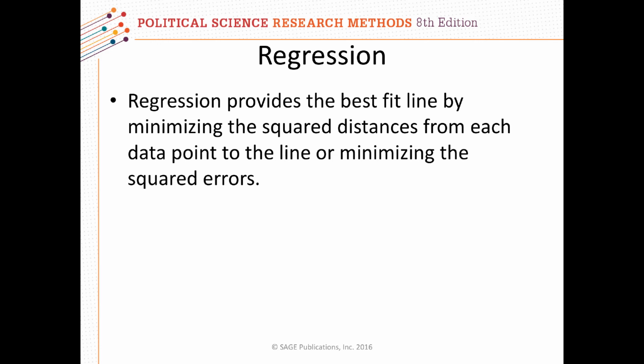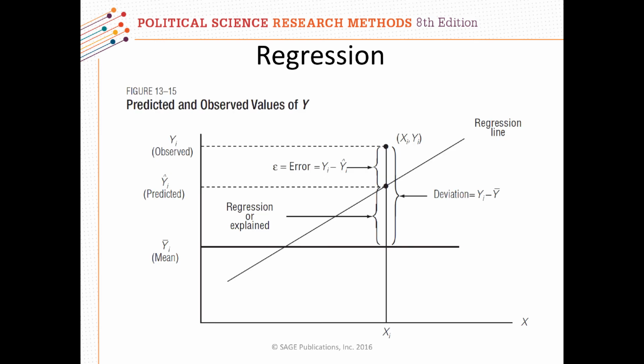It's not important to me that you know the ins and outs of the math behind these things, but it is important that you're able to interpret this information. As long as you know that we're trying to create a line that minimizes the distance from each data point, then we're good to go.